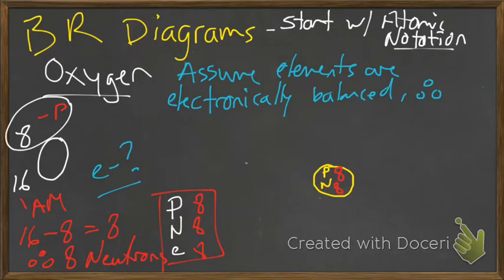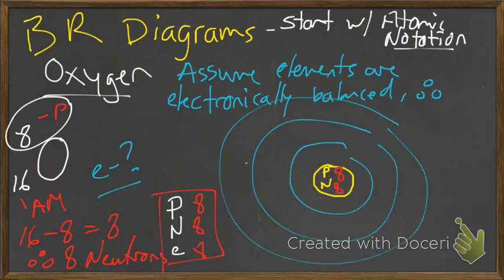Now, the one thing we're missing is electrons. Electrons are actually floating around in clouds. These clouds are called shells. The number that each shell can hold coincides with the pattern of 2, 8, 8, 18. This is from the periodic table.